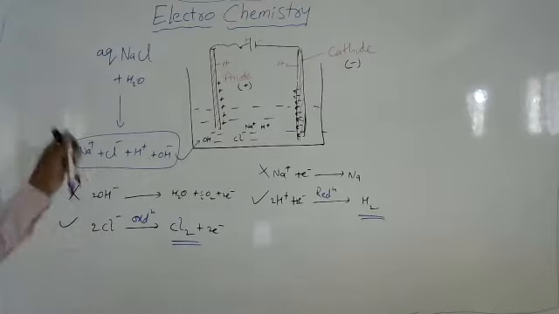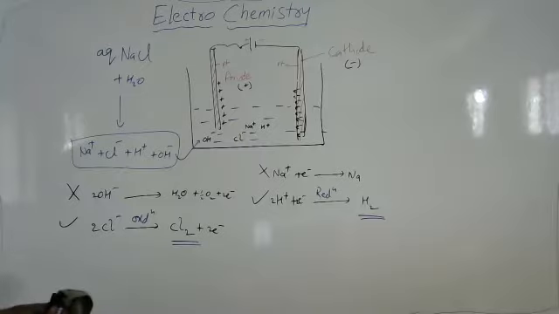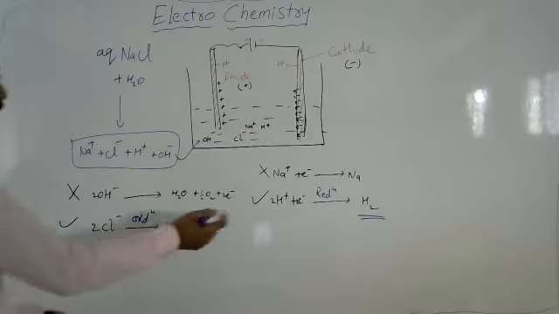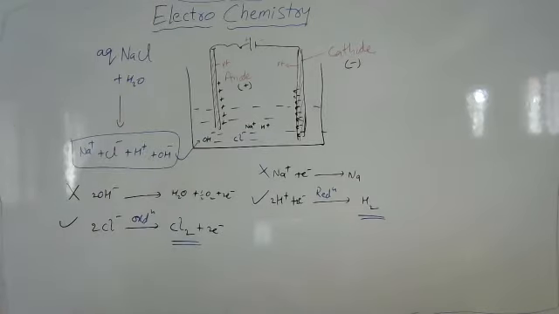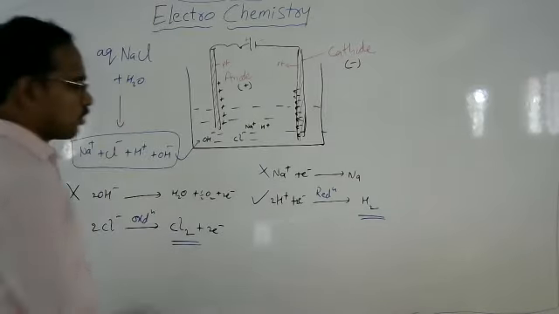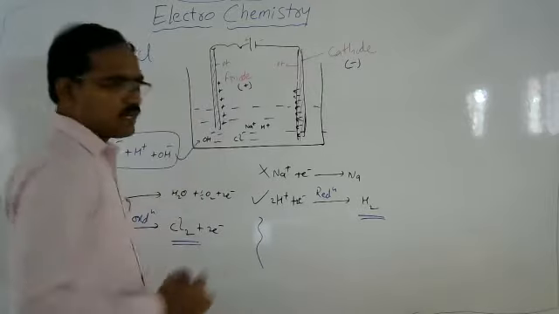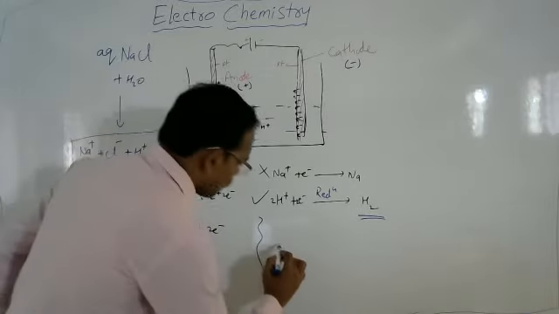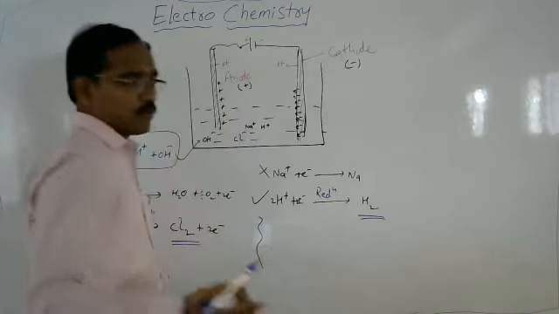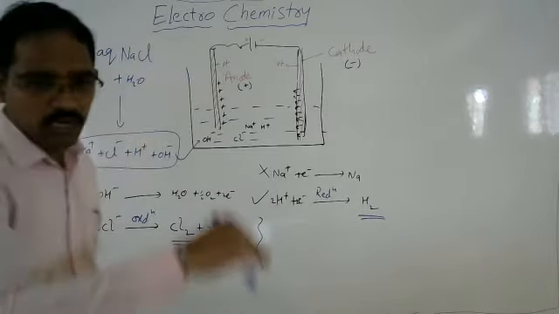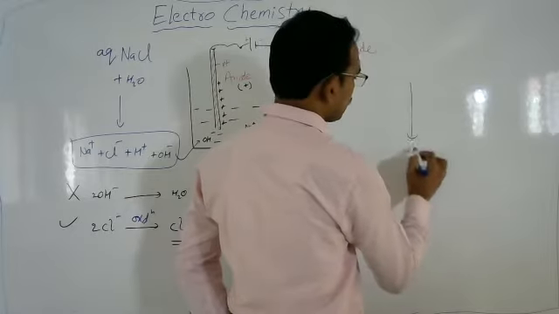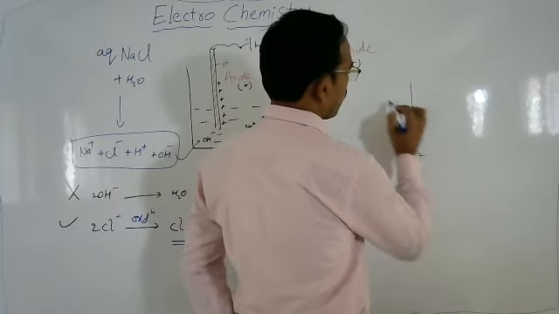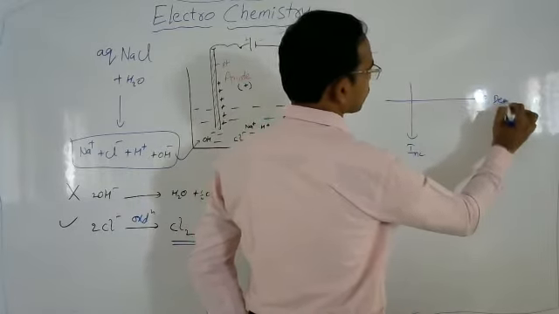Next, aqueous NaCl is over. Now you have to know the order of depositing, which will take the electrons first. If you know the reactivity order, see, before that, the metals' reactivity order: down the group increasing, left to right decreasing.